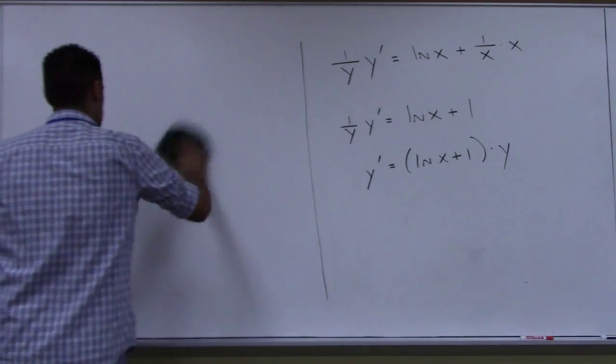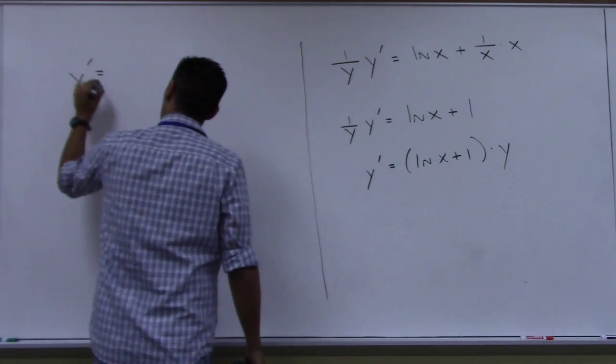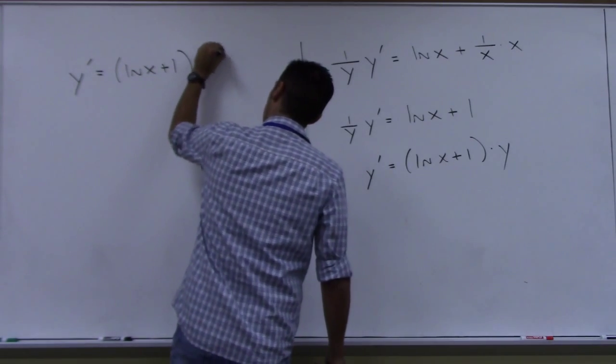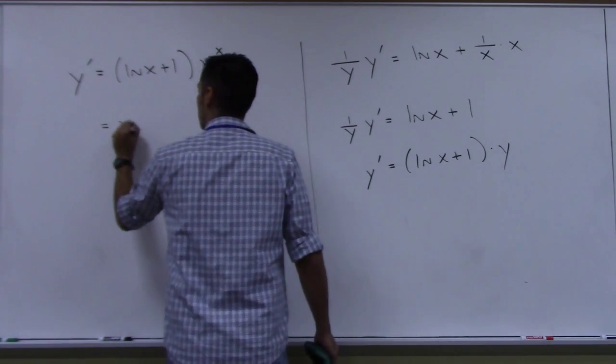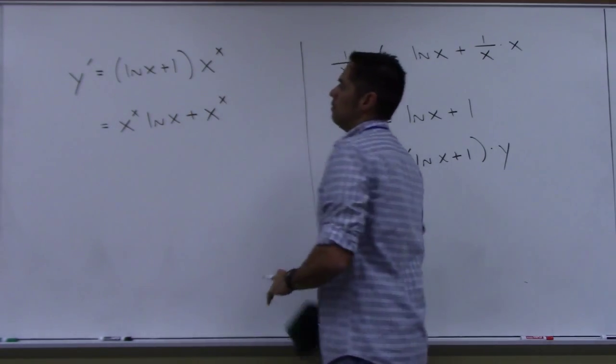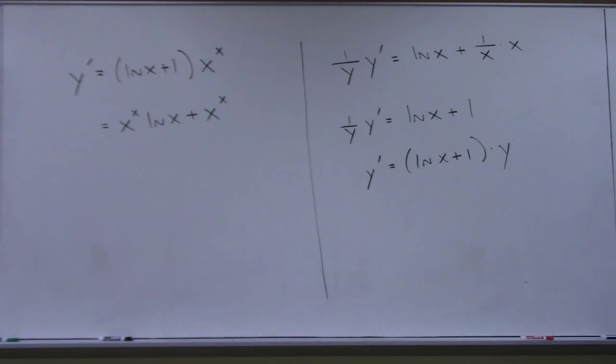Y prime equals natural log x plus 1 times x to the x. If you wanted to, you could distribute it through to both terms. Either one of those would be fine.